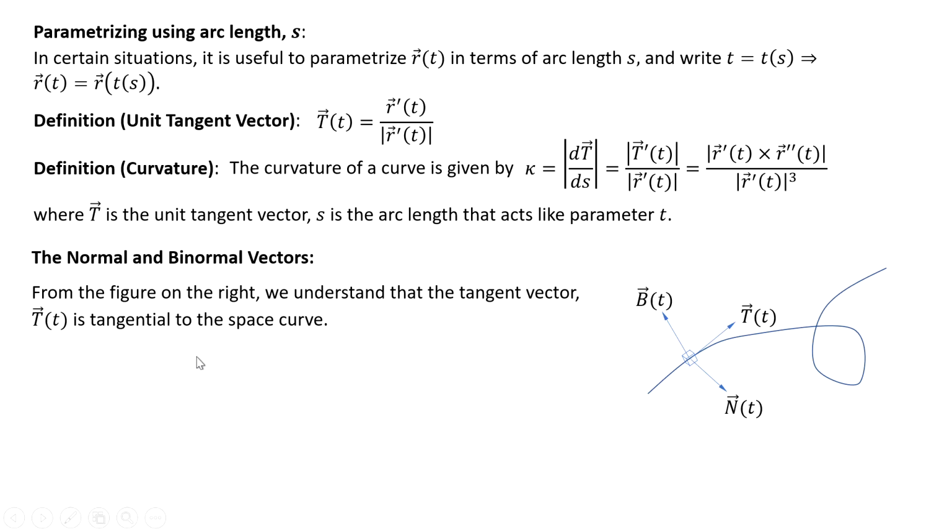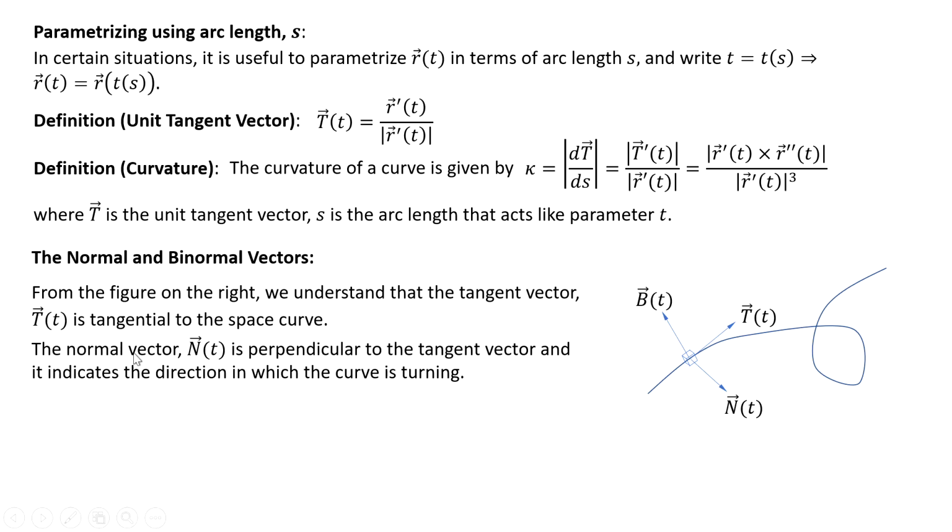What about the normal vector? The normal vector N of t is perpendicular to the tangent vector, like I said. And there's one more thing that it does. It indicates the direction in which the curve is turning. If the curve is veering a little bit to the right, the normal vector would be pointing to the right. Not only is it perpendicular to the tangent vector, but it points in the direction in which the curve is turning.